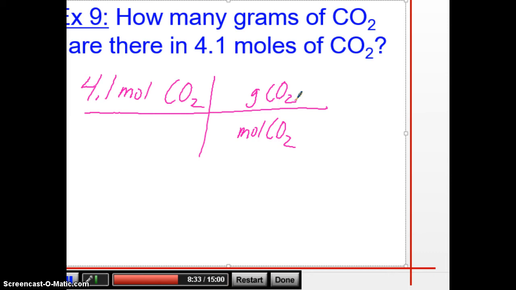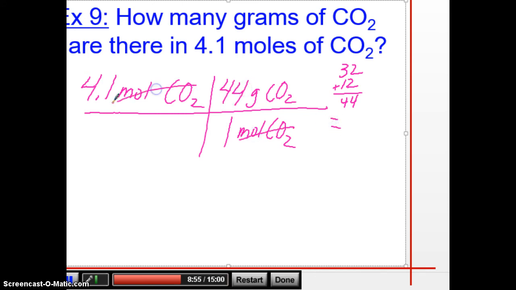Now, if you remember from earlier, we're going to put 1 for mole in that step. And then grams, we're always going to look at the periodic table. We might remember from earlier that 2 oxygens weighs 32, and 1 carbon weighs 12, so we know that would add up to 44. So that's why we put 44 grams there.